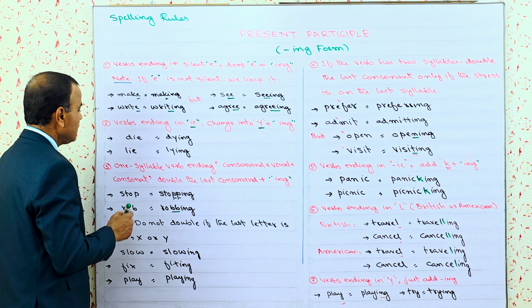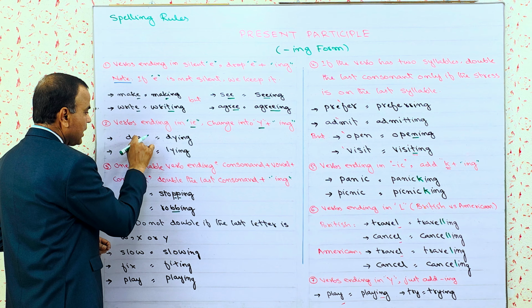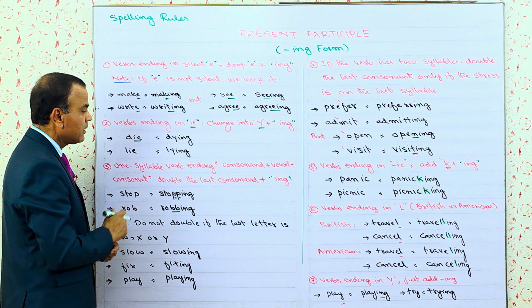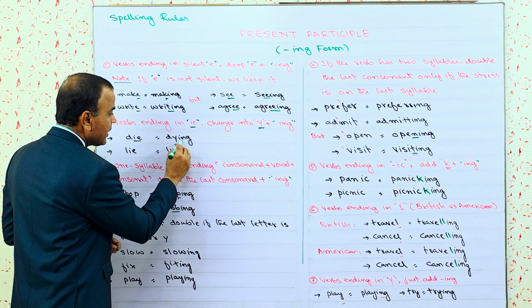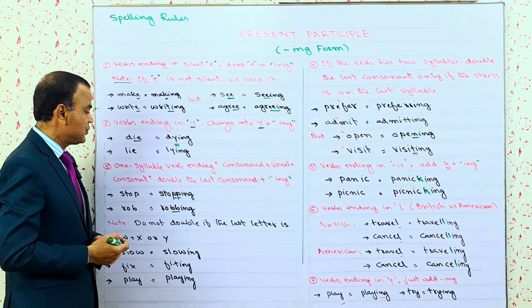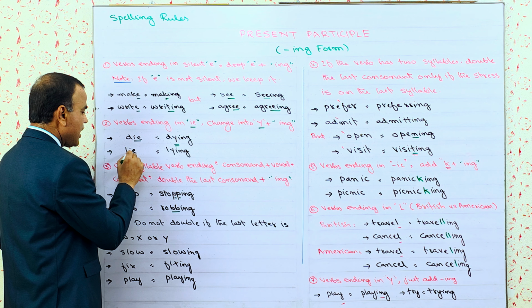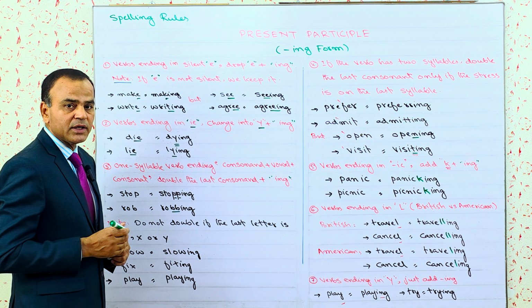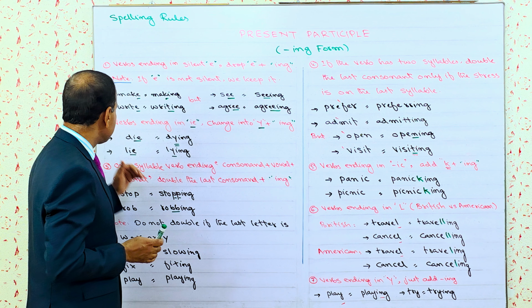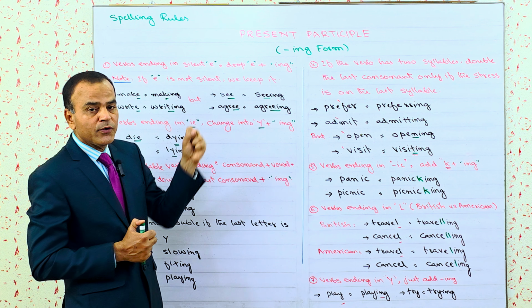As in the verbs like die, I will drop IE, then in place of IE, I will use Y, and then I will use ing. Lie, IE will be dropped, then I will use Y, and then I will add ing. So that's rule number 2 of the spelling rules of the ing form of the verb.